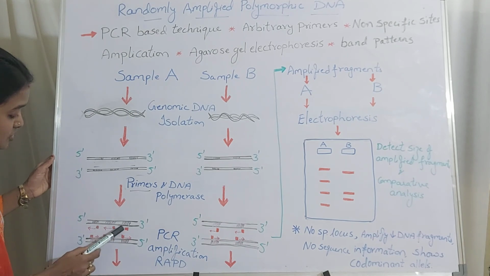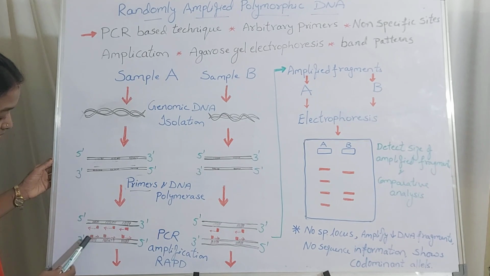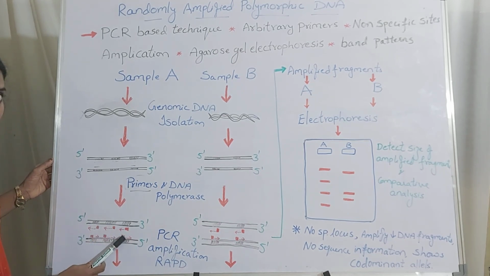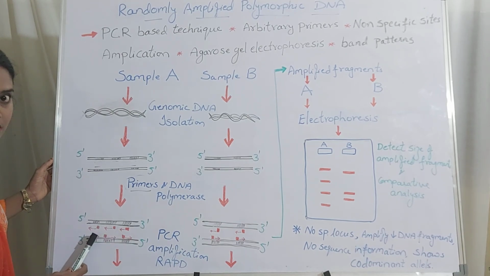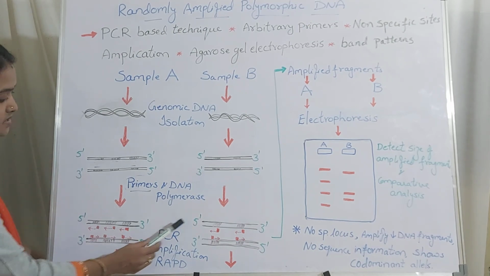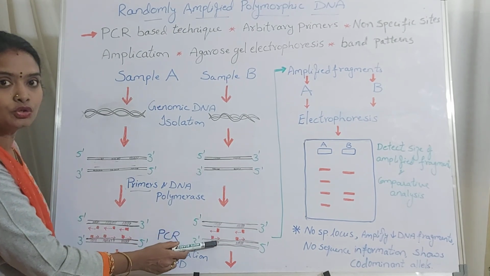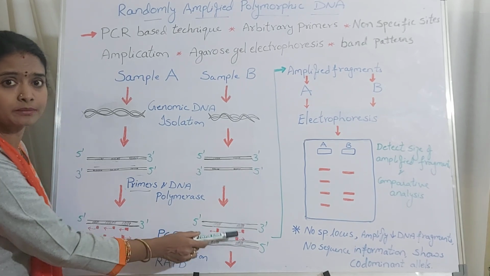In which direction? I have shown the direction 3' to 5'. In the same way, the second strand also, you can see the sites where the primers are bound and they are resulting in extension of the fragment, right, in 3' to 5' direction. In the same way, here you have 2 fragments, right, 2 sides. So 4 fragments are formed.